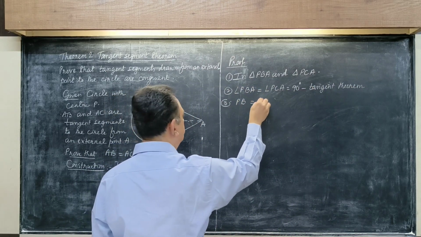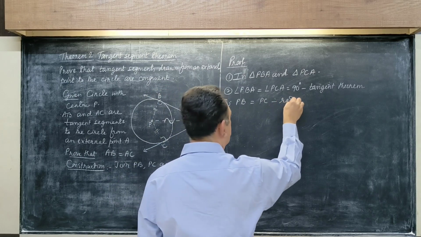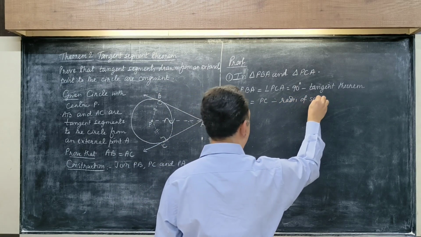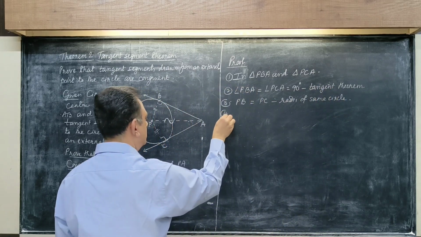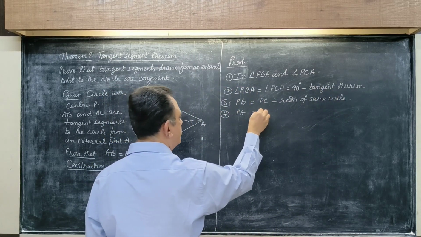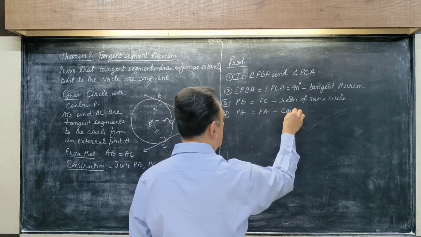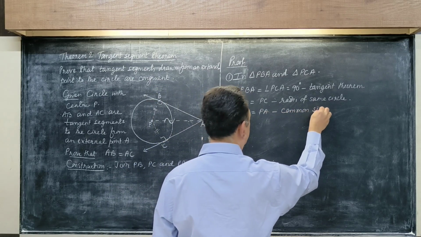PB is equal to PC, radii of same circle. PA is equal to PA, common side.